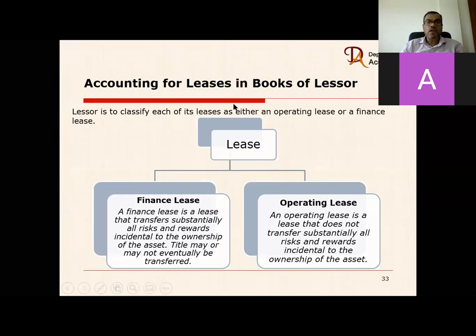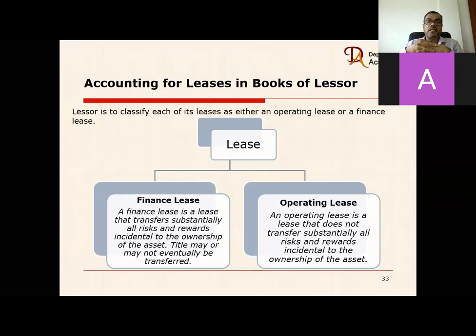Here, before talking about finance lease and operating leases, it's good to discuss one thing. Leasing can happen by two people under two circumstances, no matter whether two circumstances, that person is the lessor.